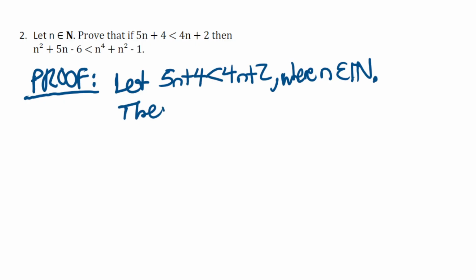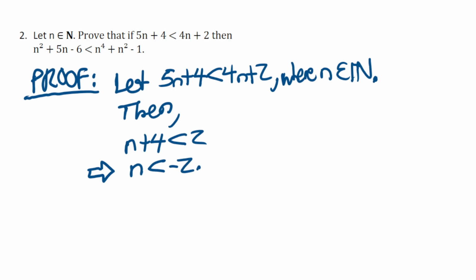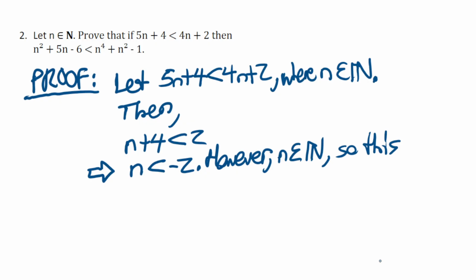So then if we subtract 4n, we're left with n plus 4 is less than 2. Then that implies that n is less than negative 2. However, n is a natural number, so this is false for all n.